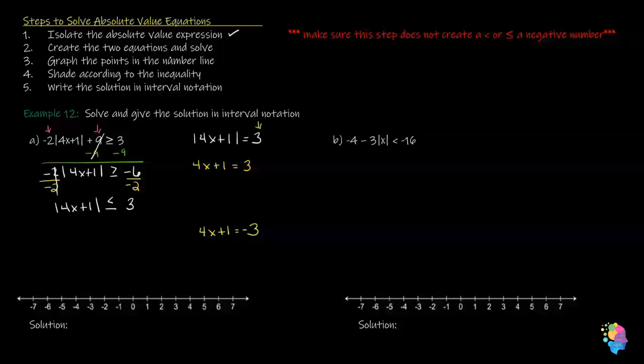So let's start solving. First, we move anything that is being added or subtracted. So from left to right, I get 4x. This gets eliminated, and 3 minus 1 will be 2. We're not done. We need to divide both sides by that number. From left to right, 4 divided by 4 is 1x, or just x.